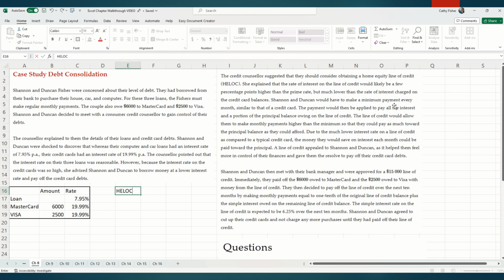Shannon and Duncan would have to make a minimum payment every month similar to that of the credit card. The payment would then be applied to pay all the interest and a portion of the principal balance owing on the line of credit. The line of credit would allow them to make monthly payments higher than the minimum so they could pay as much towards the principal balance as they would like.